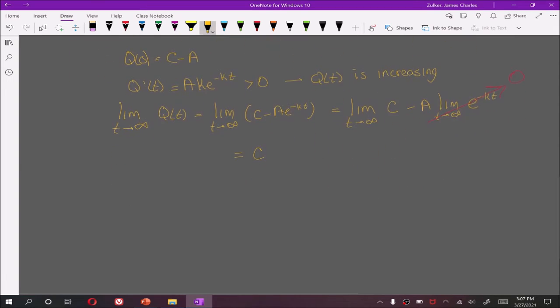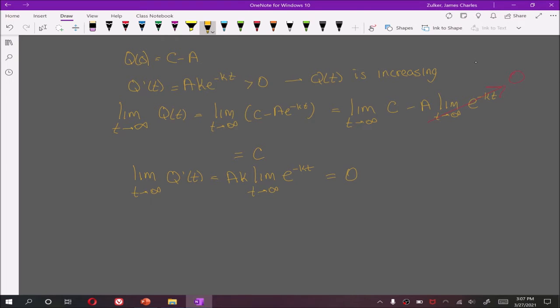Again, we can see this if we take the limit as t approaches infinity of Q prime of t. We would get ak, because they're constants, times the limit as t goes to infinity of e to the negative kt, which is just 0.